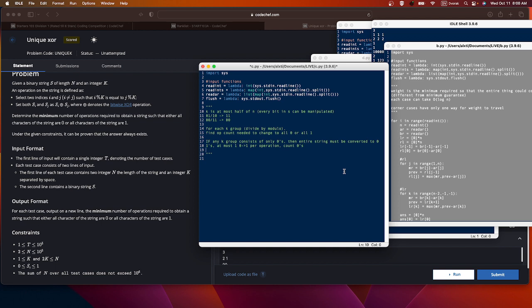Okay, that's simple enough. Now with zeros, this is a little bit trickier. Because for removing ones, we want to initially target pairs.